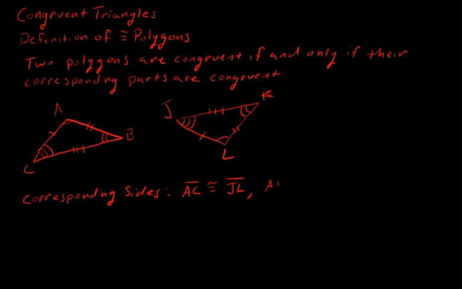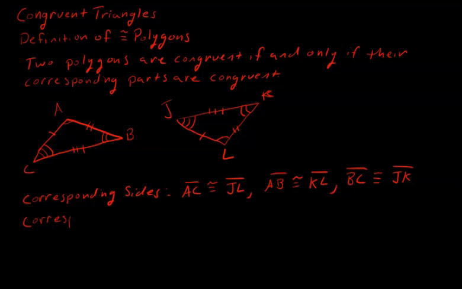We have AB, right? AB has the double congruent sign. Which side in JKL has the double congruent side? It is KL or LK. And finally we have BC, which has 3 tick marks on the side, and the side that has 3 tick marks in our other triangle is JK.